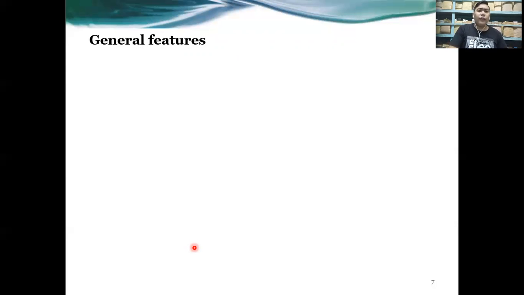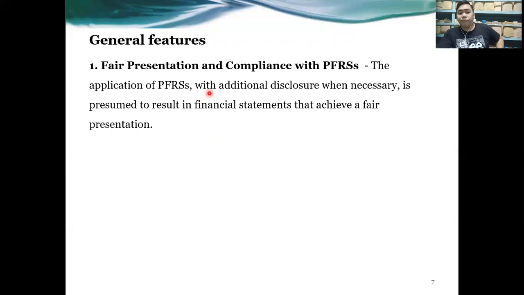So what are the general features of the financial statement? So number 1, fair presentation and compliance with PFRS. Okay? So kung gaobra kita financial statement, hindi na siya magiging acceptable, hindi na siya magiging correct, or hindi na siya magiging reliable if ang financial statement mo wala nag-comply sa PFRS. Okay, dapat amo ina ang number 1 nga requirement.